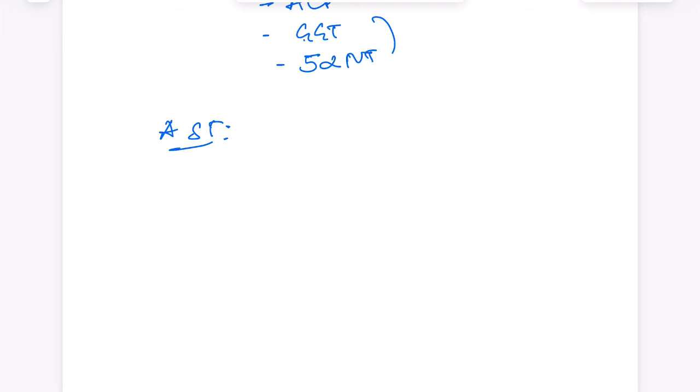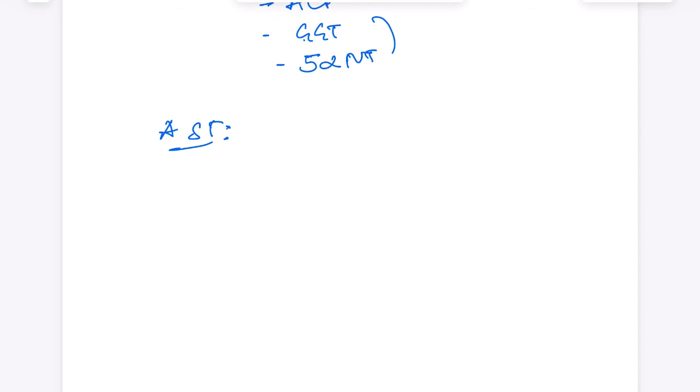AST is aspartate aminotransferase, or SGOT. Whenever AST and ALT are raised, they suggest more sensitive markers for hepatocellular injury.